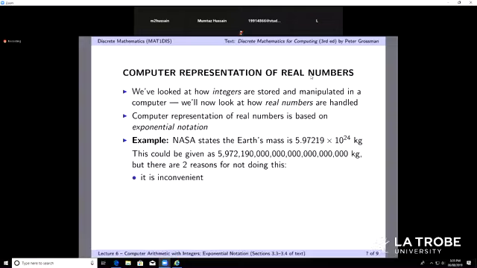Okay, there are two reasons for not doing this. Firstly, you don't want to write all of that, whatever big string of numbers you got, because of course it's inconvenient. Second, it's too big, really. Storing then becomes a problem. Why?